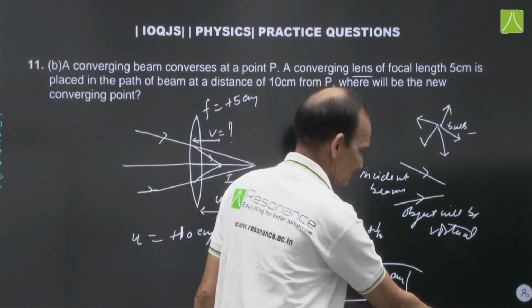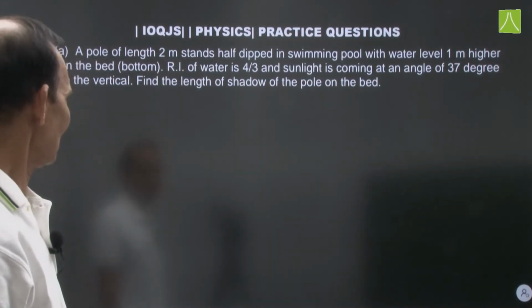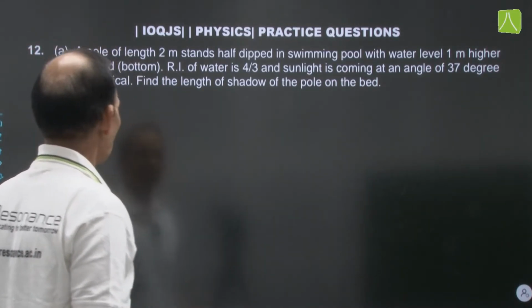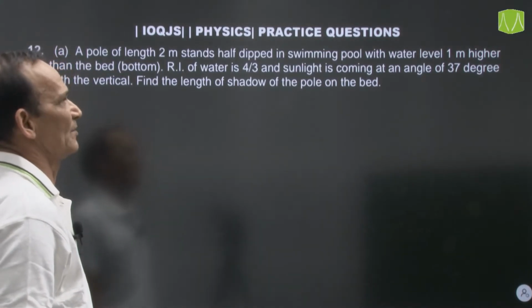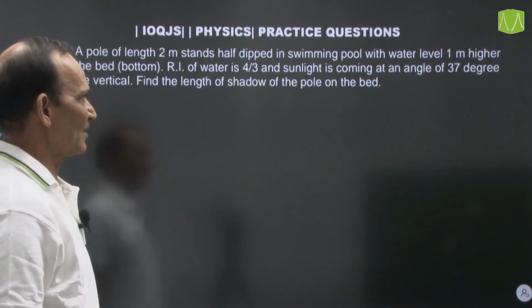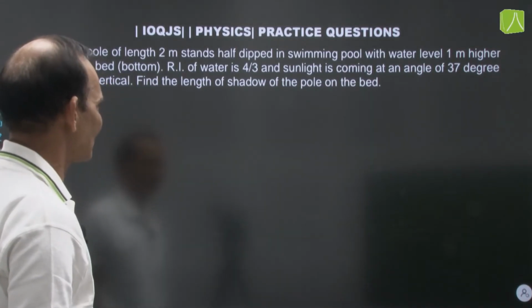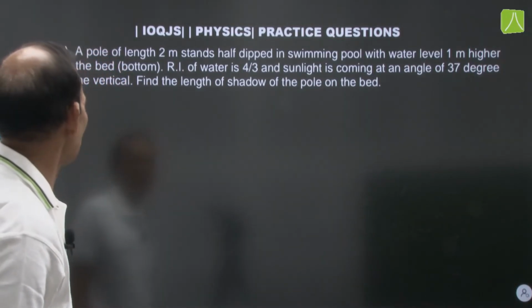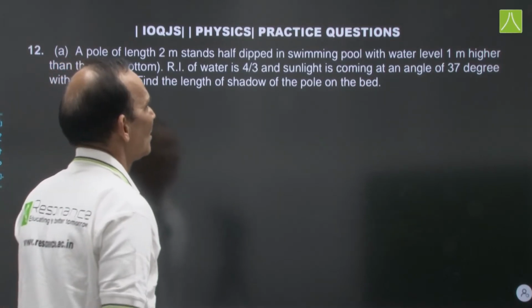Okay, next. It is question number 12, also an important question. A pole of length 2 meter stands half dipped in a swimming pool with water level 1 meter higher than the bottom. The refractive index of water is 4 by 3 and sunlight is coming at an angle of 37 degree with the vertical. Find the length of the shadow of the pole.